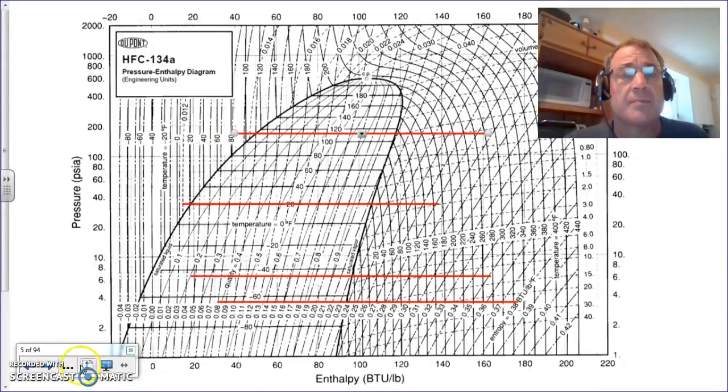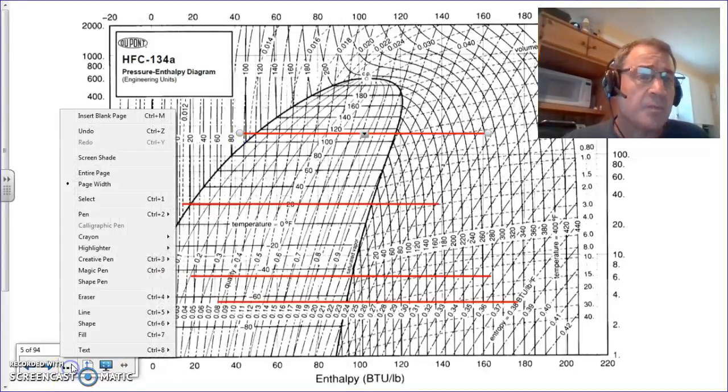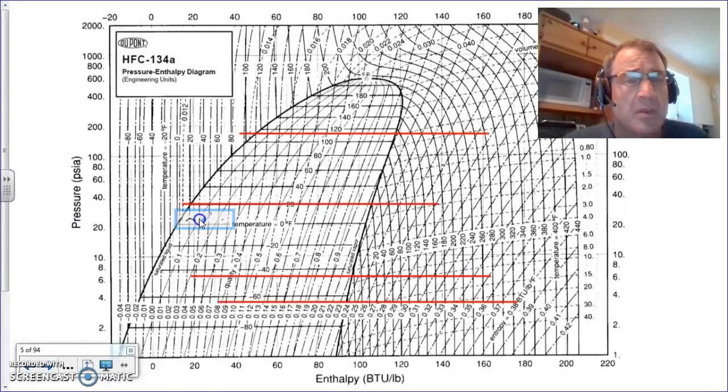Okay, now typical operating conditions in the system. If we are running at a 20-degree evaporator, usually we run an evaporator superheat of about 10 degrees. So this line would represent refrigerant boiling in the evaporator at a temperature of 20 degrees Fahrenheit.